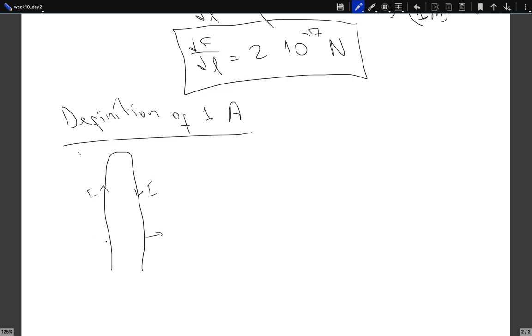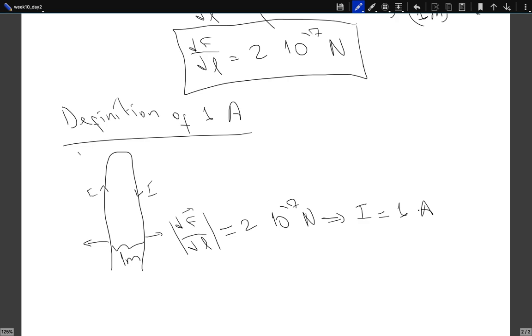They will push each other apart with some force. The force per unit length is equal to 2 times 10 to the power minus 7 newtons if their separation is 1 meter, then the current is just 1 ampere. This is how we define the ampere.